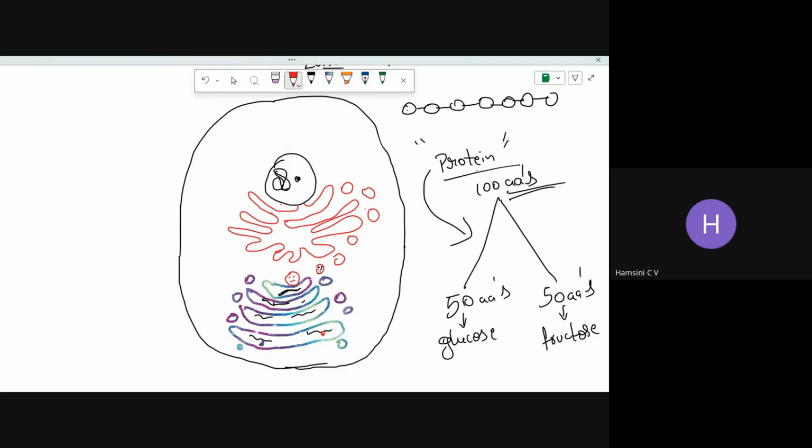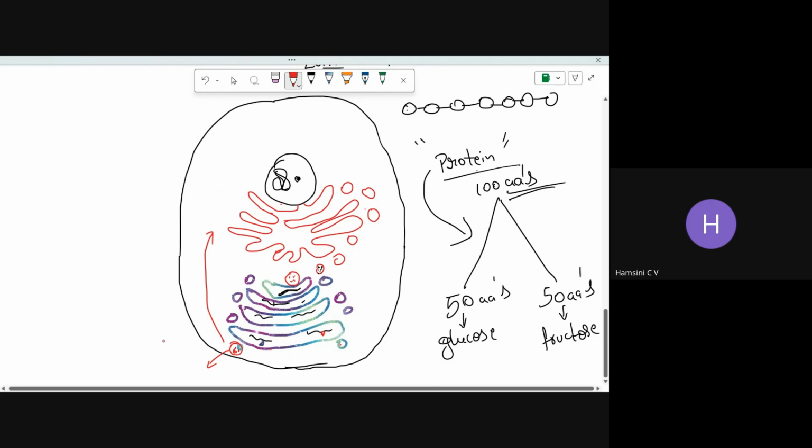Now it has modified the raw protein which it got from the endoplasmic reticulum, and this is the required protein. Now this required protein is transported in the vesicle of the Golgi, whether it is required for the same cell, so it is transported to that particular place, or else it will move outside the cell to wherever it is required.